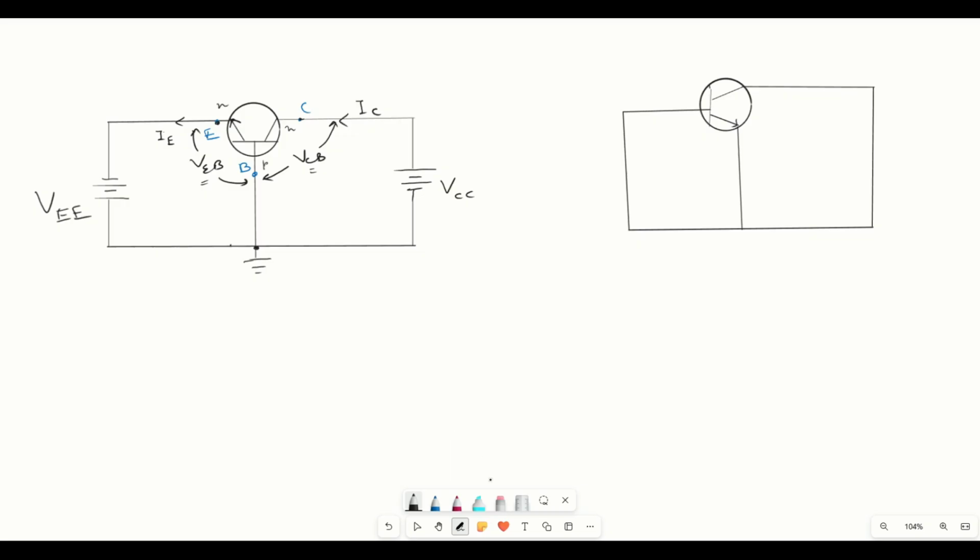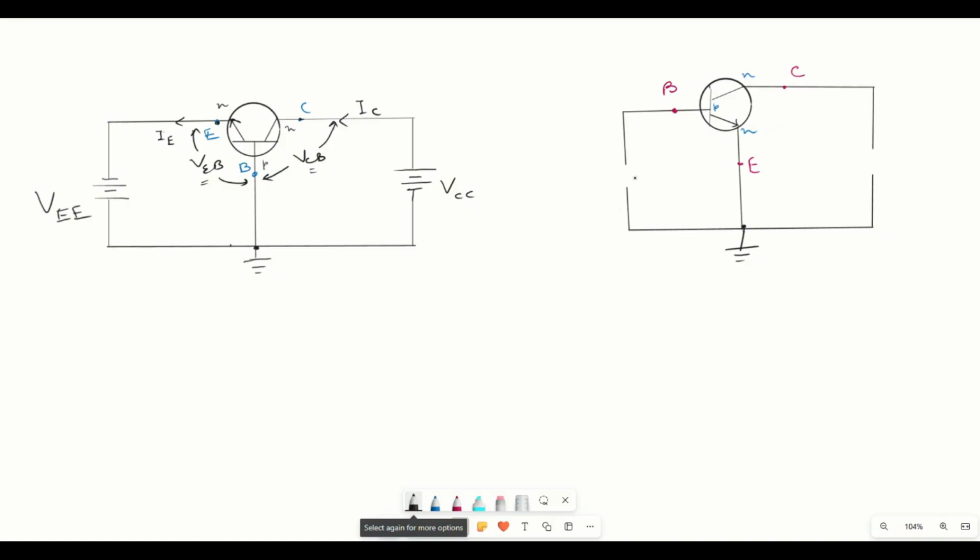So we're providing our supplies now. Now here, as you can see, this is also an NPN transistor, and we have base as our input, collector as our output, and emitter as our common, which is connected to ground.